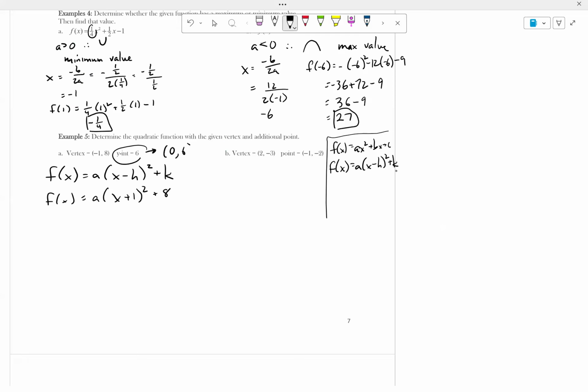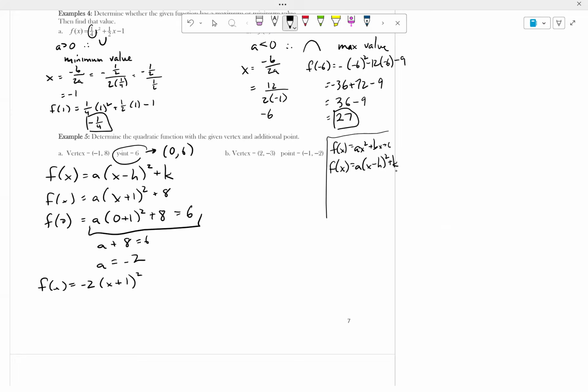That is 0, comma 6. So f of 0 is equal to a times 0 plus 1 squared plus 8, and that all should be equal to 6. Now I have this equation I could solve right here, which is a plus 8 equals 6, or a equals -2. So for the quadratic function, I now have all the pieces that I need. It's -2 times x plus 1 squared plus 8.